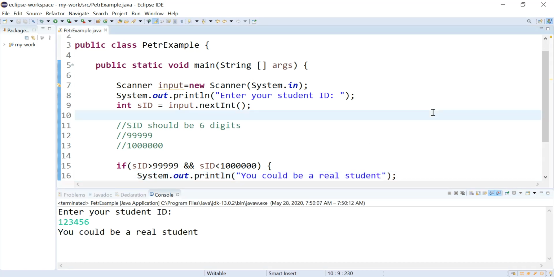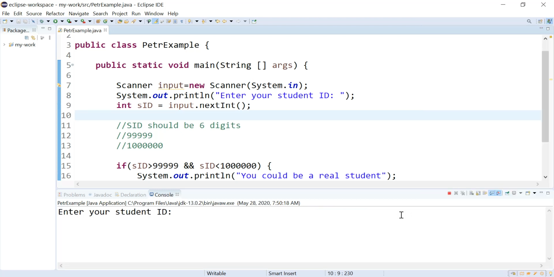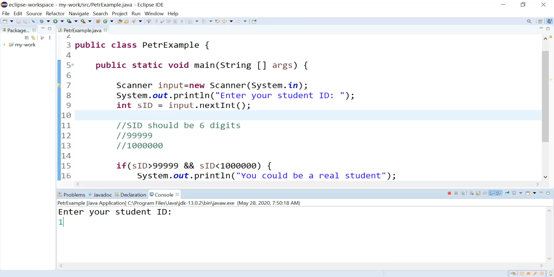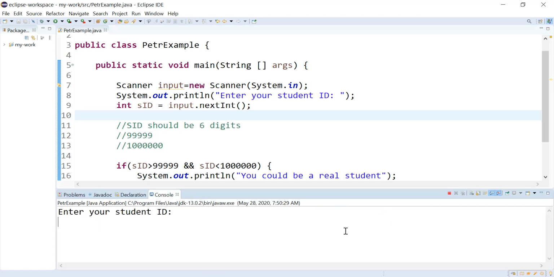It could be real. Let's try a smaller one. 1, 2, 3, 4, 5. Now output. Okay, let's try a 7-digit one. 1, 2, 3, 4, 5, 6, 7. No. Okay, so that is checking.